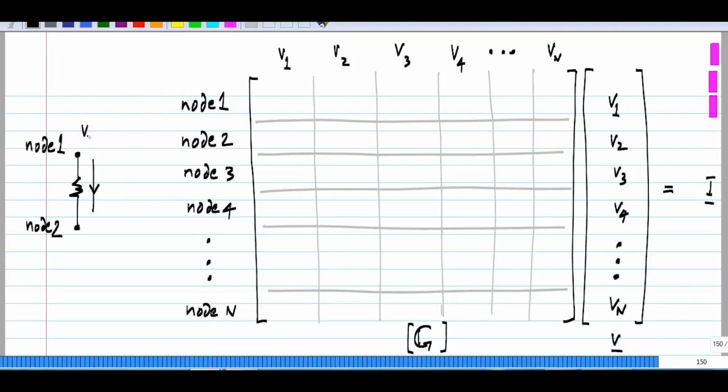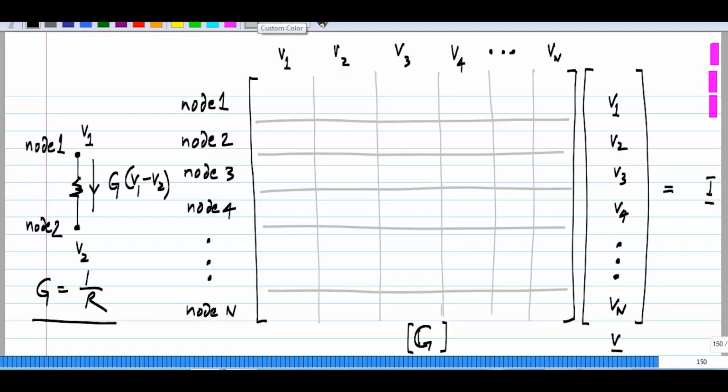and the voltage at node 1 is V1, the voltage at node 2 is V2. So the current will be G times V1 minus V2, where G again is 1 by R. I have been saying repeatedly, sometimes it's convenient to use resistances in the formulation of equations, sometimes it's more convenient to use conductances.